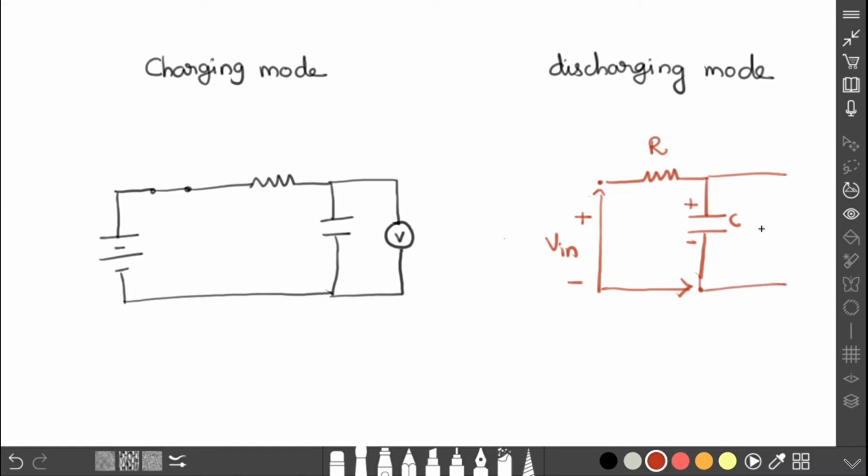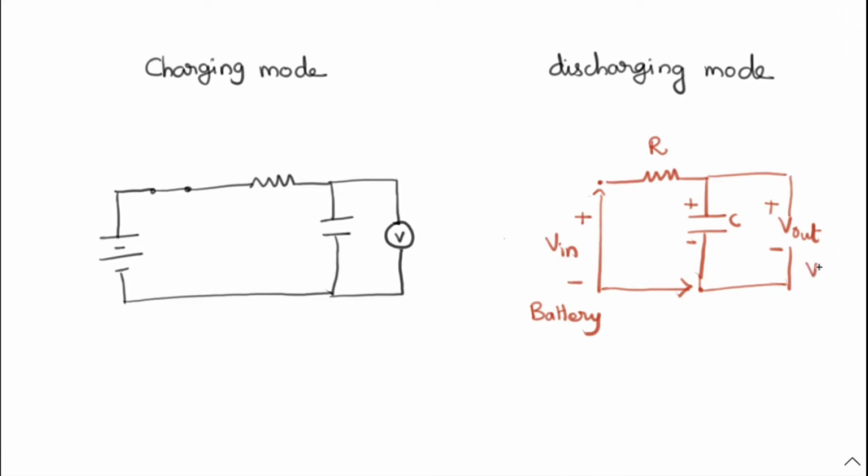This is V out, with positive and negative. Input we are going to give from the battery eliminator, and output we are going to take from the voltmeter. So this is the simple connection, R and C, here input given, here output taken.